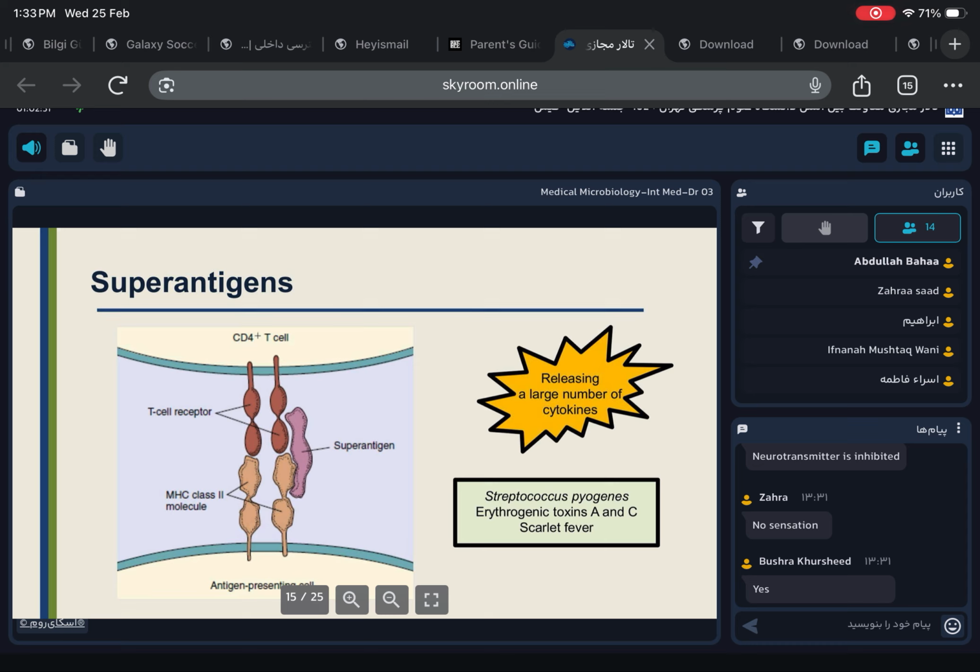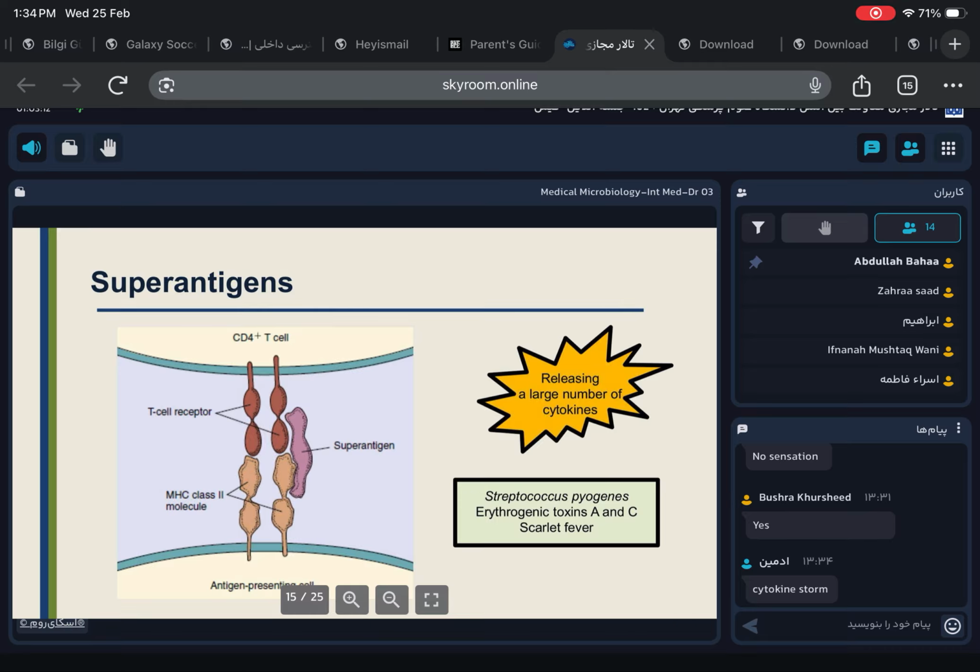So we expect cytokine storm. Let me type it for you. Okay, so we expect cytokine storm.